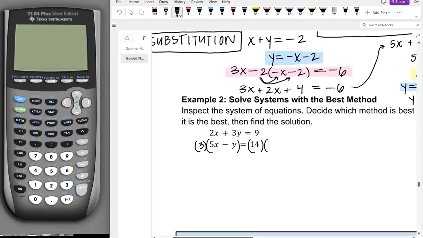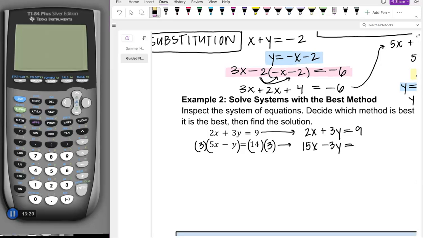So I'll multiply everything in here by 3. Just going to bring over my top equation and then multiply my bottom equation all by 3. So this one's just going to stay, whereas the second equation is going to become 15x minus 3y equals 42.